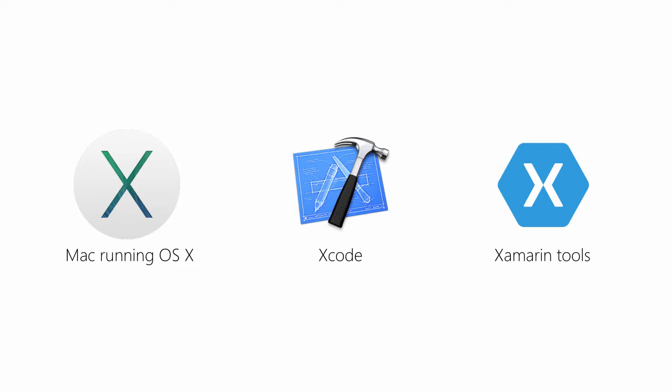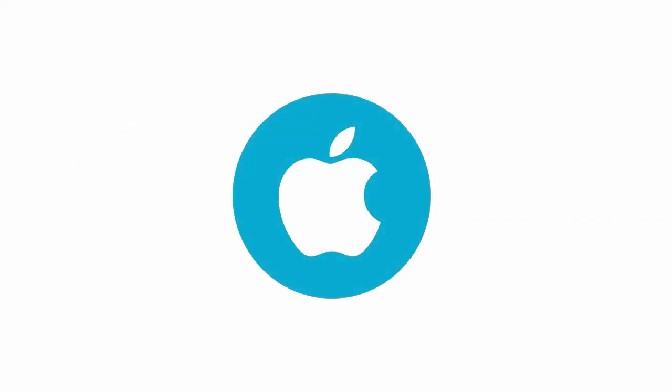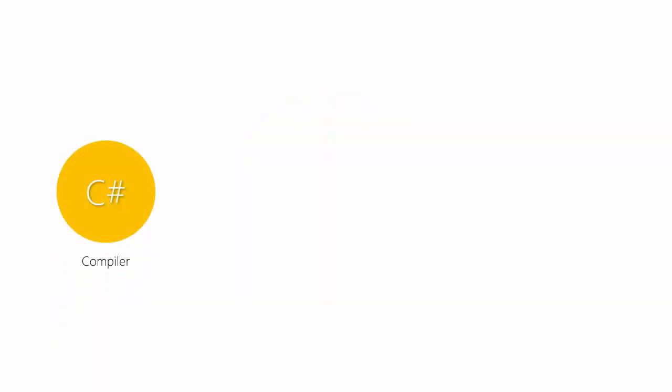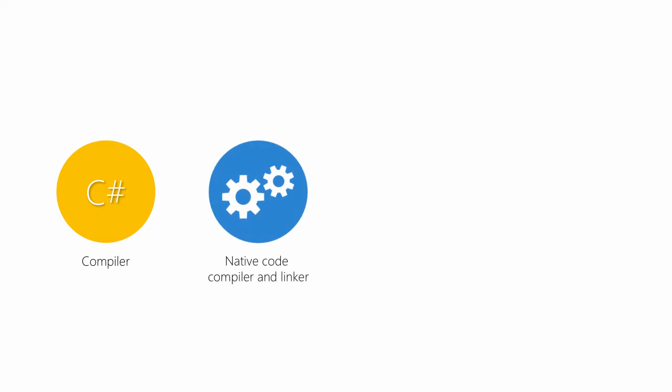Xamarin.iOS includes both compile time and runtime components, including a cross-platform C# compiler that is fully compliant with the latest C# specifications. This is used specifically on the Mac. Visual Studio uses Microsoft's C# compiler. An optimizing native code compiler and linker, which is used to create the native code that Apple's tools will expect to work with.